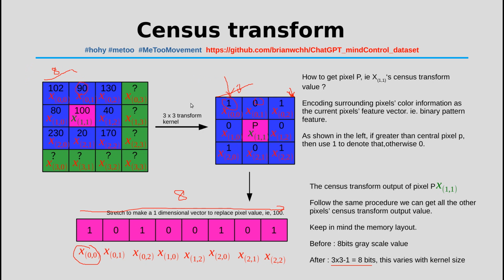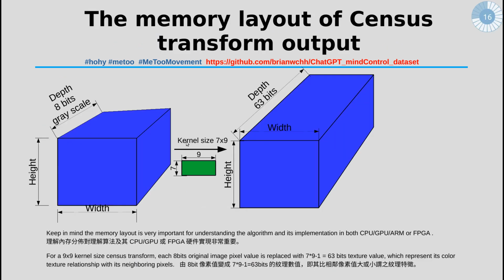Then we can expand the comparison region, this kernel size, to be 7x9, and compare to more neighbors.